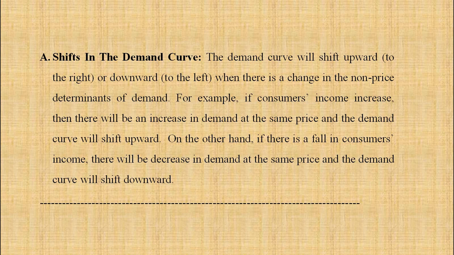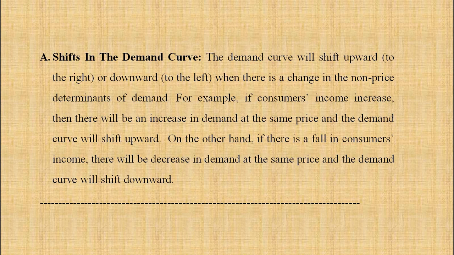Let us see the next point. Shifts in the demand curve. The demand curve will shift upwards to the right or downwards to the left when there is a change in the non-price determinants of demand. For example, if consumers' income increases, then there will be increase in demand at the same price, and demand curve will shift upward or to the right hand side.